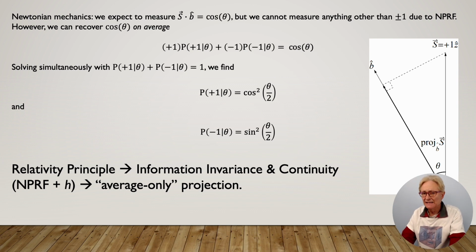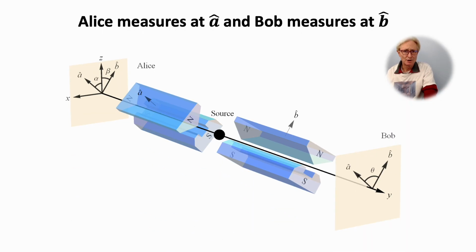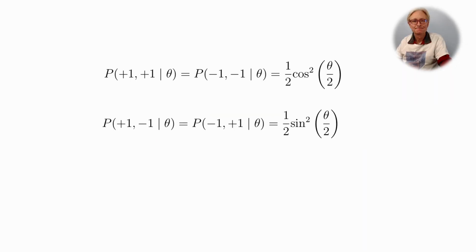So how does this lead to the mystery of quantum entanglement per the Mermin device? To remind you, Alice is measuring her spin entangled particle in the a-hat direction, Bob is measuring his in the b-hat direction, and the angle between a-hat and b-hat is theta. Then, according to quantum mechanics, their +1 and -1 outcomes obey these joint probabilities.